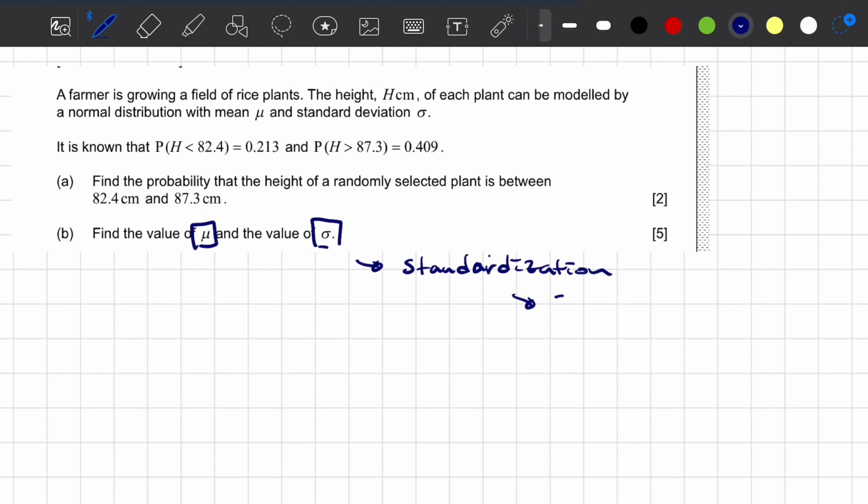That means you have to do the Z-score calculation, using Z equals x minus mean over standard deviation. Okay, so let's do this question together.